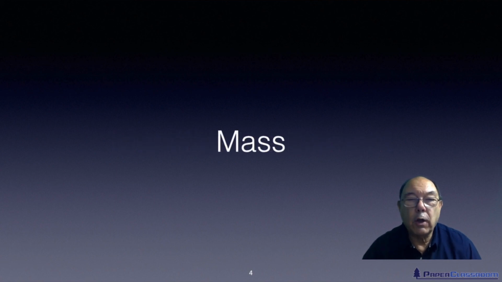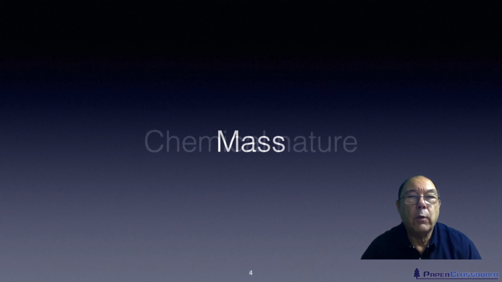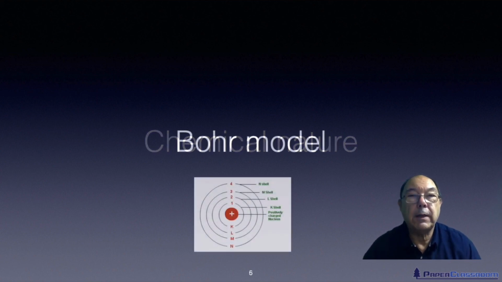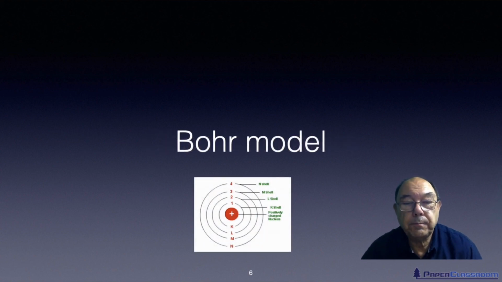The nucleus also controls the mass of the atom. Electrons weigh so little, it's not worth counting. And the nucleus really controls the chemical nature of that particular atom, more specifically the proton in the nucleus.